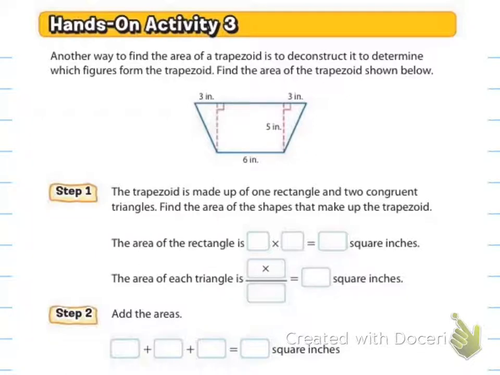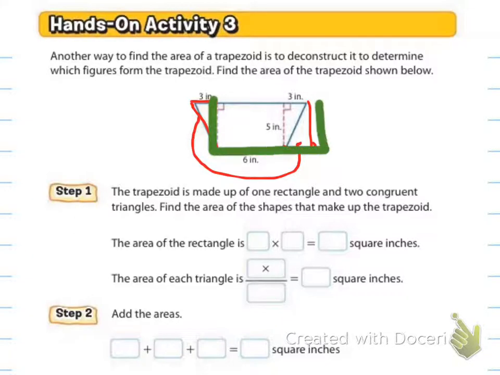All right, so another way to find the area of a trapezoid is to deconstruct it to determine which figures form the trapezoid. So it says find the area of the trapezoids shown below. So now they're saying, okay, what if we took this little wing and we put it over here and made it like this? Then you'd see that the new shape would be a rectangle. This 3 inches is now added down here to the 6 inches that we already had here.